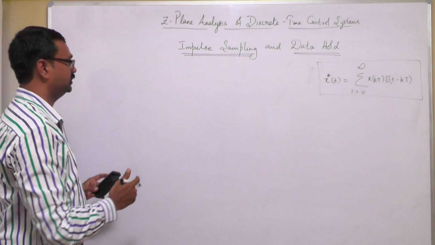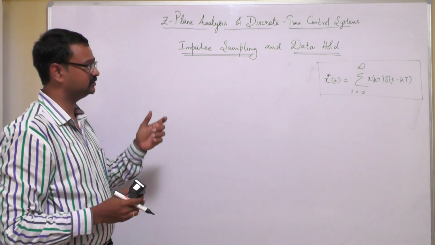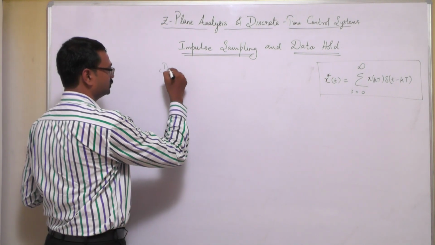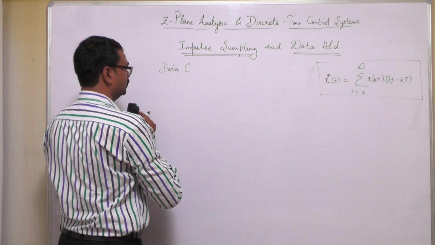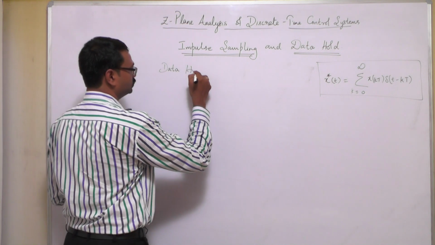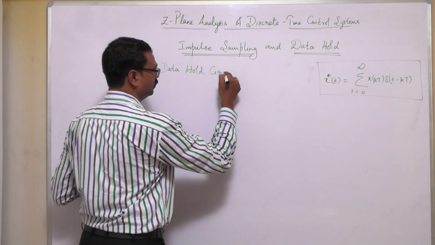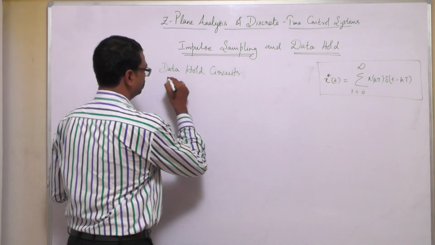What is a data hold? Data hold is a process. It is a data hold circuit. You can also use a circuit for data hold. So I will put the heading as data hold circuits.